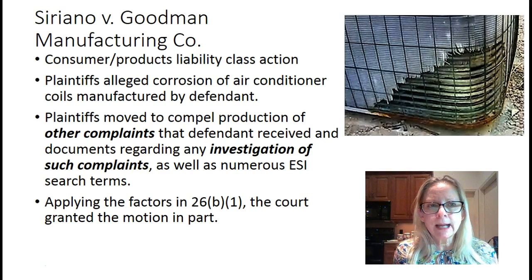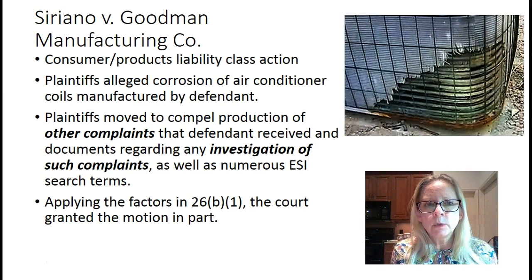So there was a case that came out fairly soon after the amendments took effect called Siriano versus Goodman Manufacturing Company. It's a good example of the application of many of these factors, although it didn't go into every single one of them. This was a consumer products liability class action in which the plaintiffs alleged that air conditioner coils that the defendant manufactured were corroding.